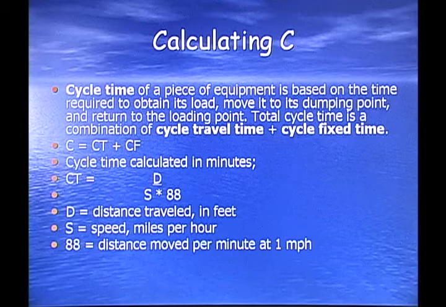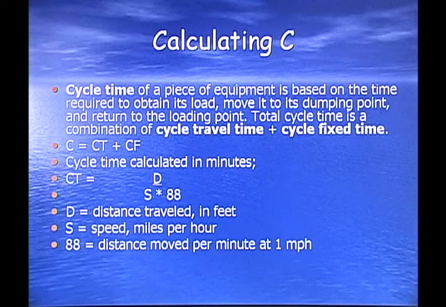But out of the book, for the sake of argument, your cycle time is calculated as distance divided by speed times 88, and 88 is a constant.